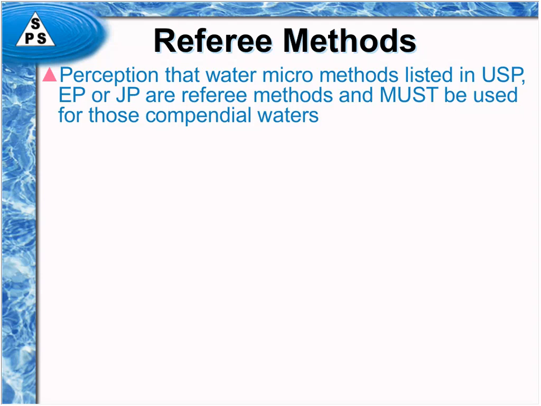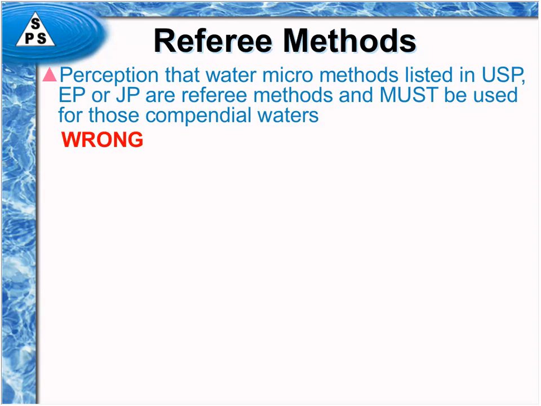So if you've got EP, you've got to use the R2A, 30 to 35, no less than 5-day method. That's their referee method, and if it's JP, it's similar to that. If it's USP, it's the 2 or 3 day plate count agar, 30 to 35 degrees. Those are the methods that are listed.